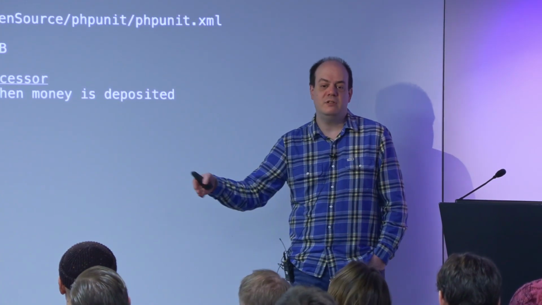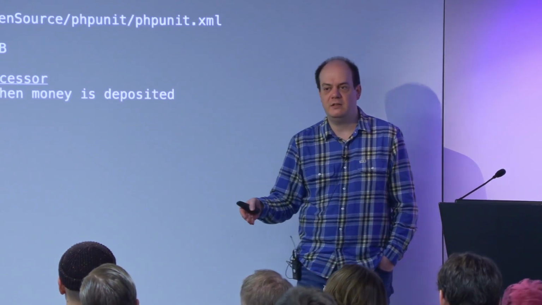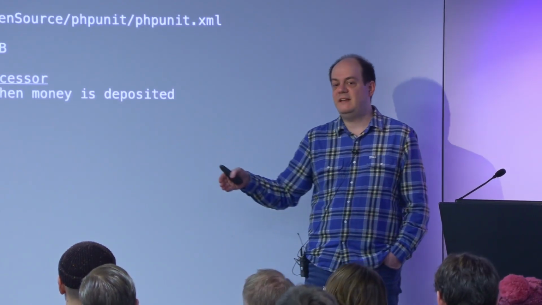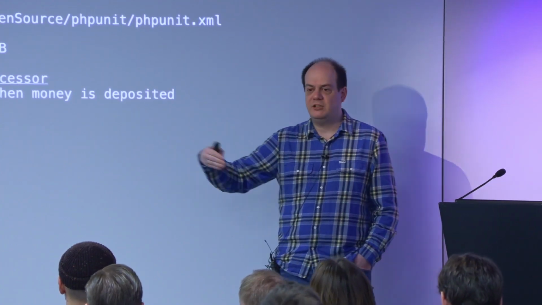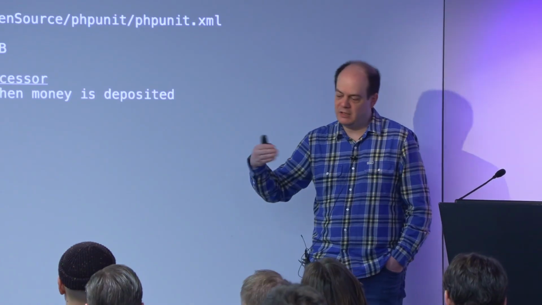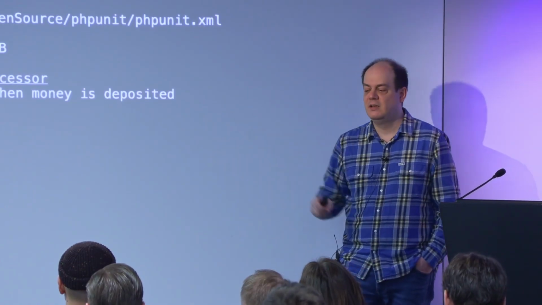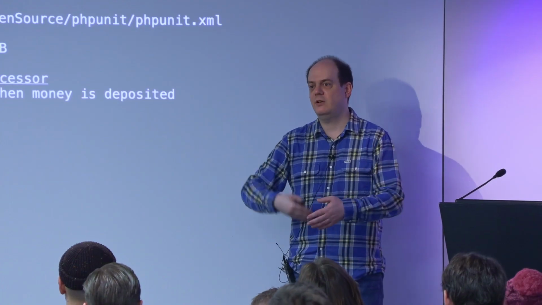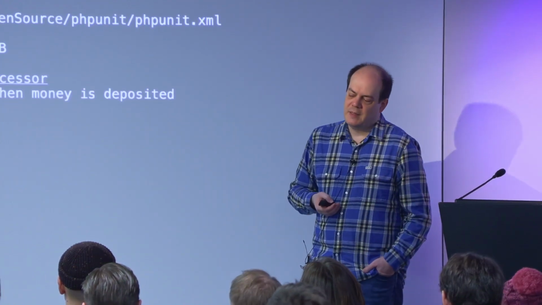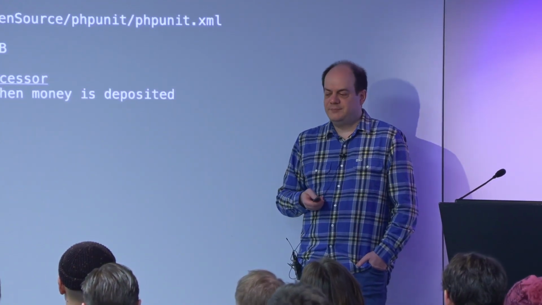This is not new. This is something that has been in PHPUnit for almost 20 years. And every once in a while, I added more functionality to that, made it easier to customize the output, because sometimes you need to customize that, especially when you're working with data providers. So that is not something new.